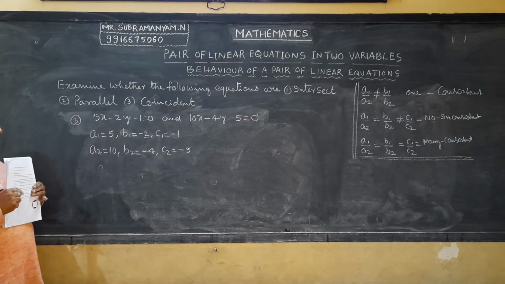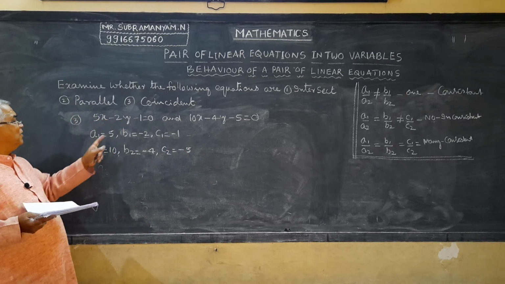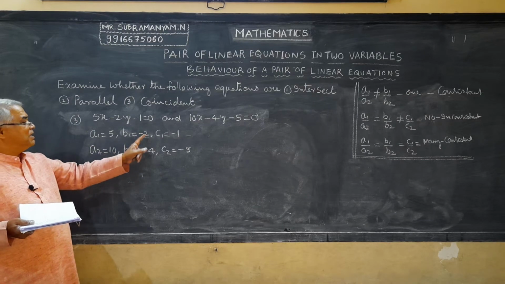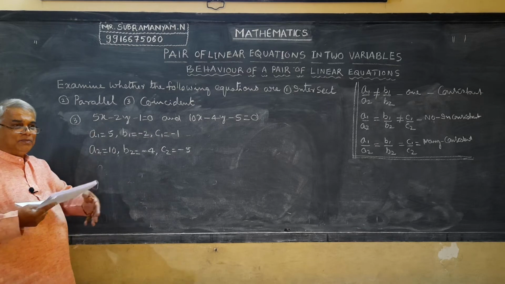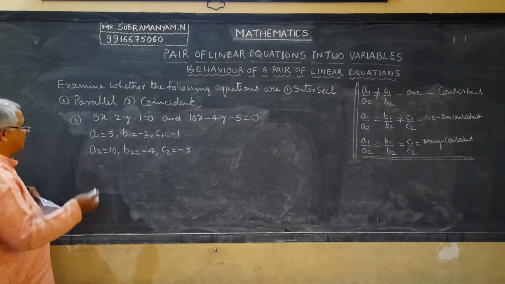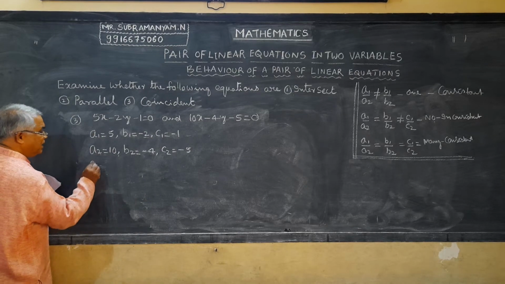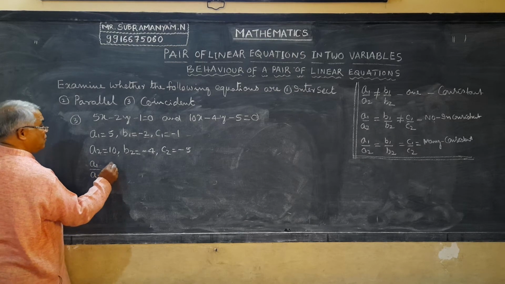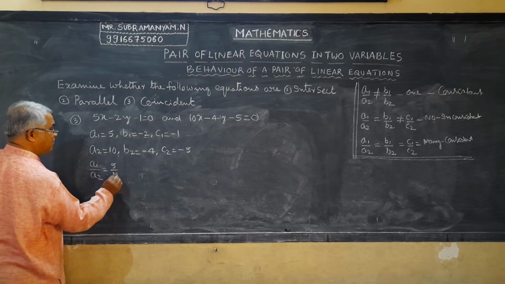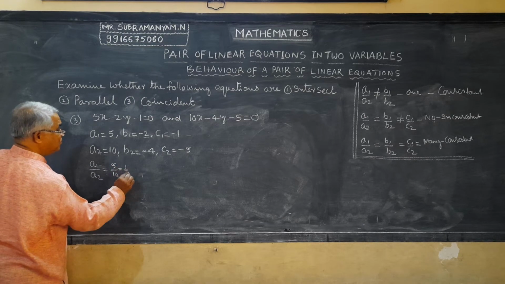Now by this time you might have got the idea. A1 by A2, 5 by 10, minus 2 by minus 4, minus 1 by minus 5. You can calculate. A1 by A2 equal to 5 by 10 equal to 1 by 2.